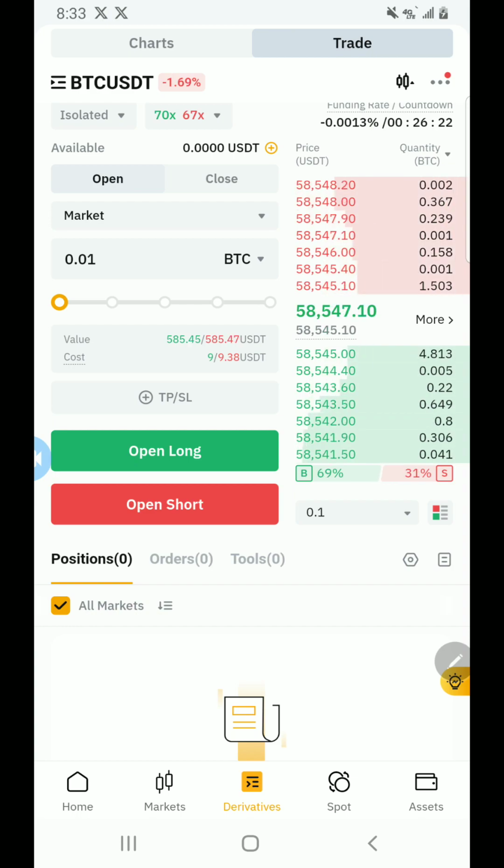So when you get a signal that says long, say BTC USDT, it means buy BTC USDT. And short means sell. As you can see from my chart, you have open long and open short. Open long means buy. Open short means sell. So that's what that means.